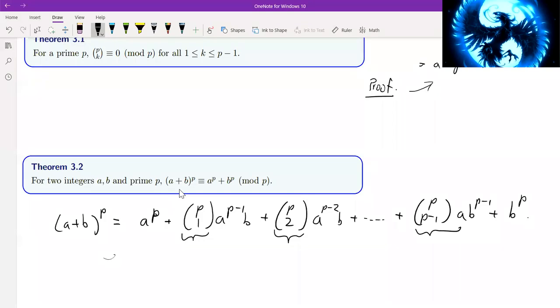So in terms of mod p, this is congruent to just a to the p plus a whole bunch of zeros, and then plus b to the power of p, mod p. And thus we've proven our theorem.